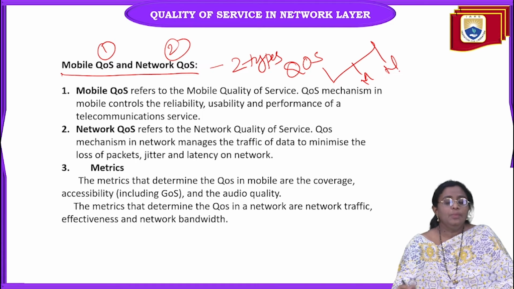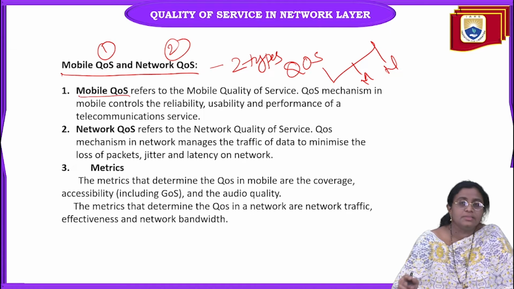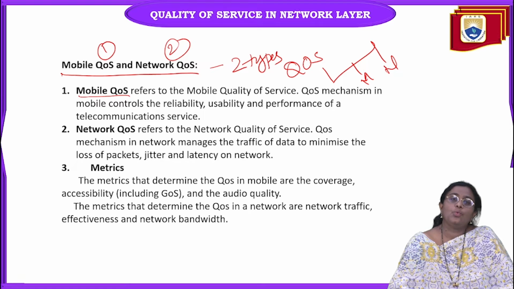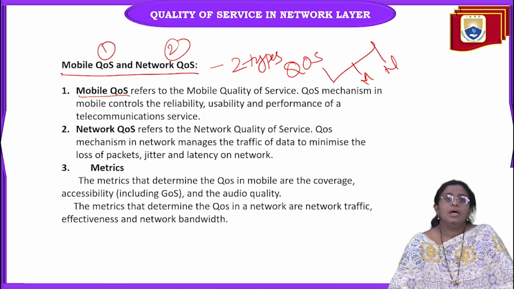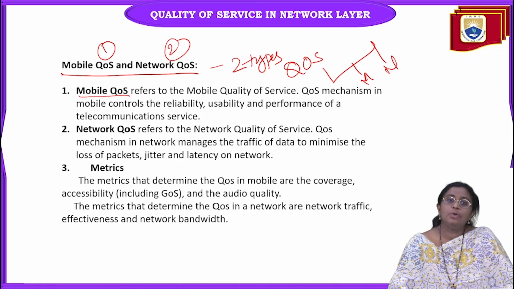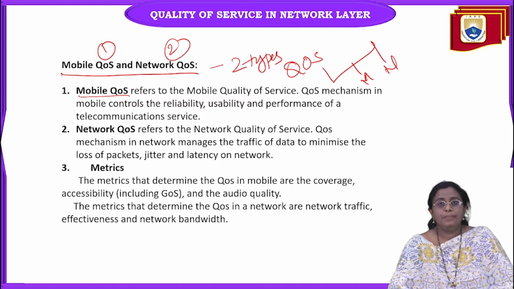What I mean by mobile QoS is the mobile quality of service. That means in this mechanism, in mobile control, we look at the reliability, usability and performance of telecommunication services.